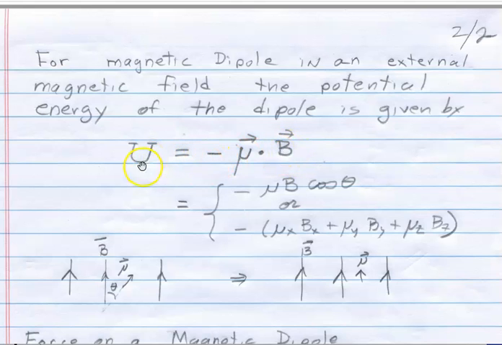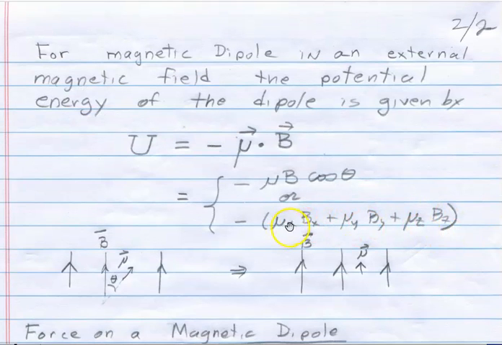It's related to this scalar product, or the dot product, with a negative sign out front. The dot product, if you remember, is the magnitude of the first vector times the magnitude of the second vector times the cosine of the angle between the two. Or another way you could write the dot product, if you know the xyz components of both of these vectors, you can just take their dot product as this sum.